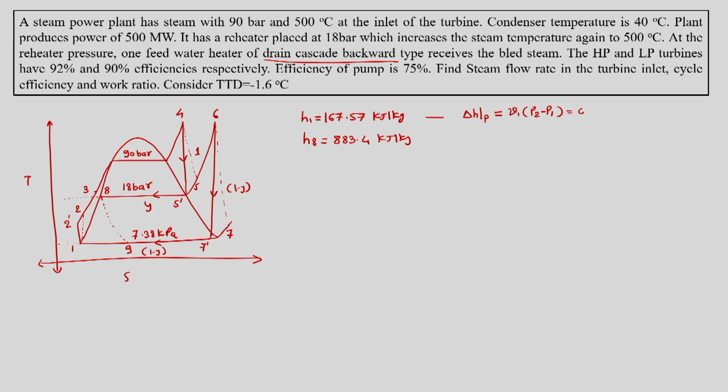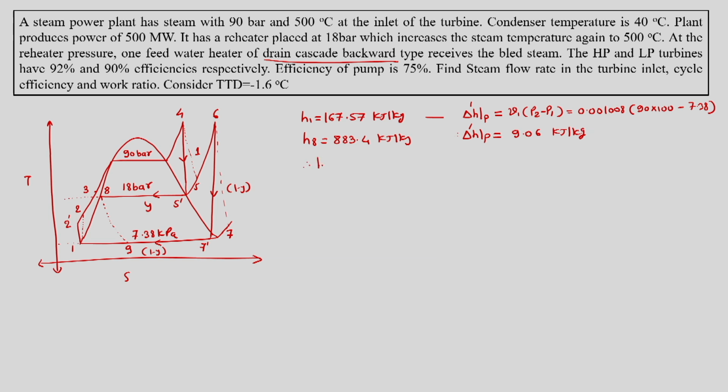So, specific volume is 0.001008, into (90 into 100 minus 7.38). So, we get delta H for pump, which is rather the ideal delta H for pump. So, we will put dash, and this turns out to be 9.06 kilojoule per kg.